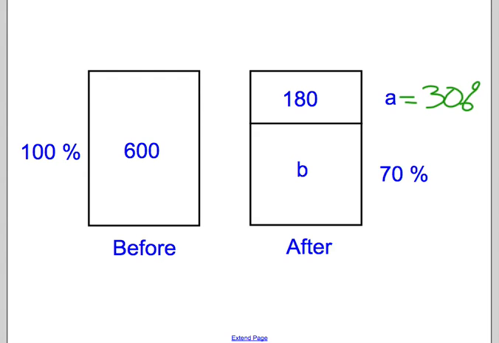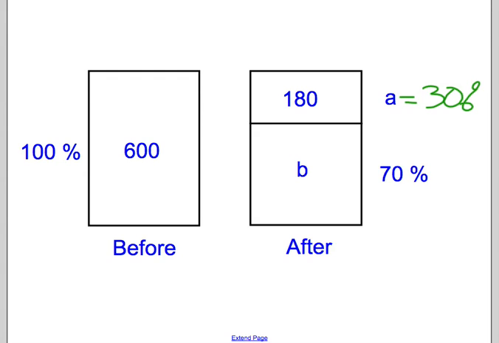Okay, Isaiah. Looking at B, the part there, how would we find that missing value in B? Do we know the total? Yes, these two are connected, so you take 600. Do you agree?